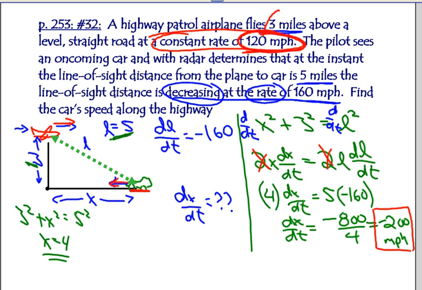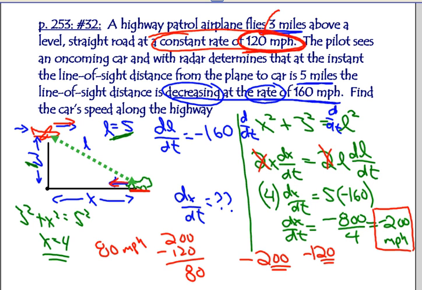So since your x is decreasing at negative 200 miles per hour, but the plane's contribution was negative 120 miles per hour, what's left is the car's contribution. So 120 taken away from 200, the car must be contributing the other 80 miles per hour.